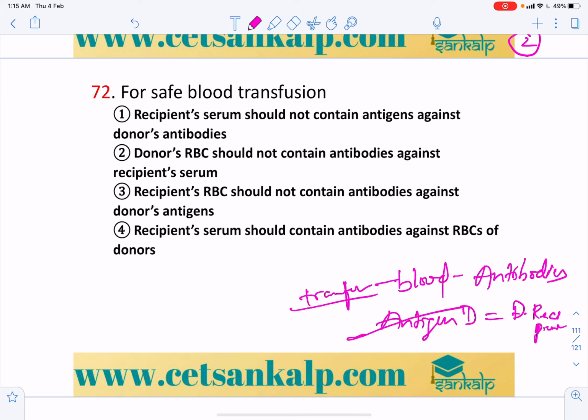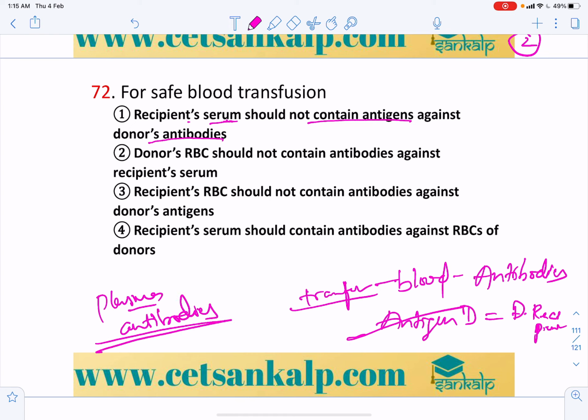So that is very important here. Recipient serum should not contain antibodies against donor antigen. Serum means plasma without the clotting factor. Plasma generally will have antibodies, right? Not the antigen.